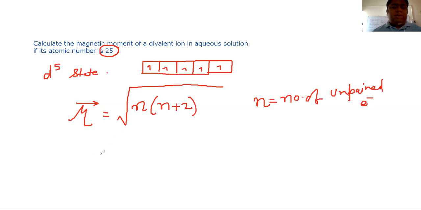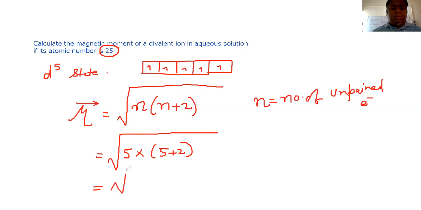So we'll put here the values 5 into 5 plus 2. So this will be 35.